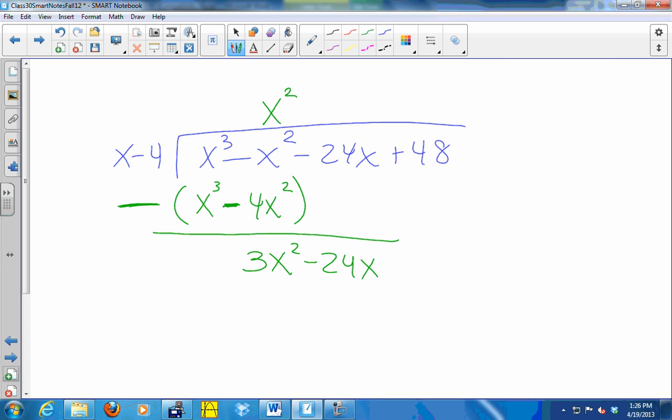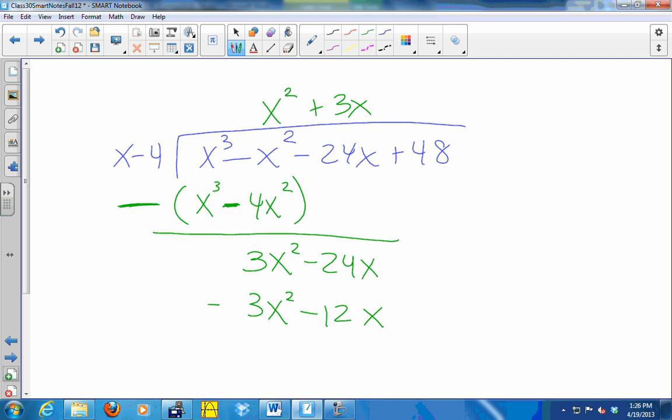So we look at the leading term here, like the tens place, and you say, well, what would I multiply x by to make 3x squared? 3x. So I put plus 3x up here. And then I multiply 3x times x minus 4. So 3x times x is 3x squared. 3x times negative 4 is negative 12x.